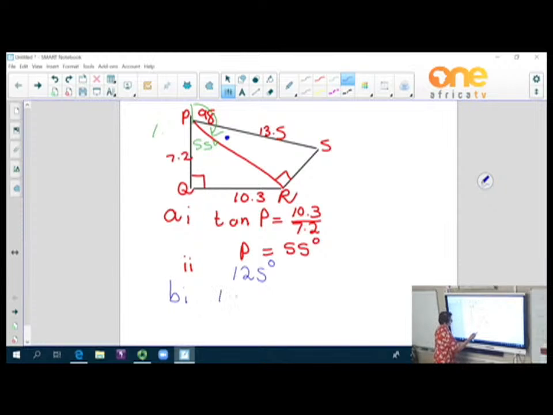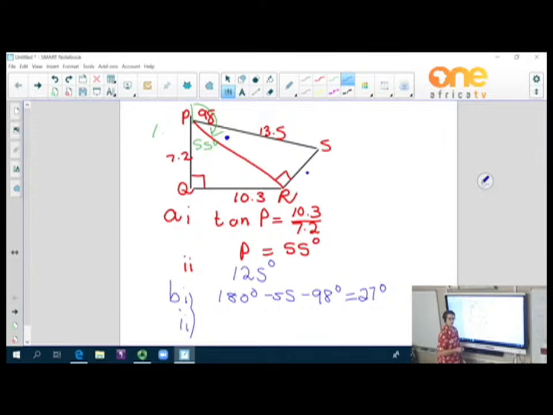So this is now the 180 degrees minus the 55 minus the 98 degrees, and that is how we get the 27. This is good enough for an explanation. You don't need to write more words or whatever. That is good enough here. And then they say angle PRS is 90 degrees. Calculate the distance RS.